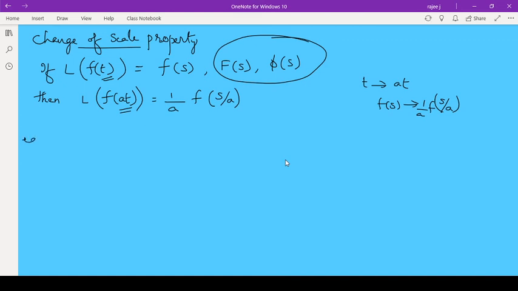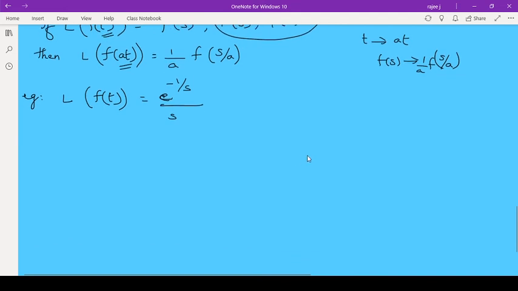For example, suppose L of f of t is given, L of f of t is equal to e to the power minus 1 by s upon s. This is given. Now if I am asked to find L of f of 3t, t is replaced with 3t, or t is multiplied with 3.